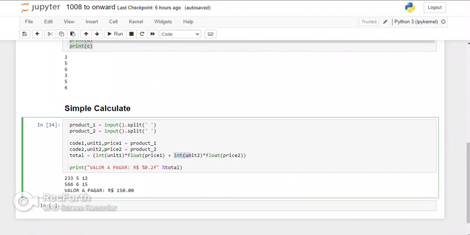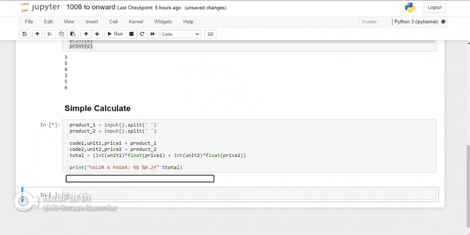Then it will be added with the integer of the second unit multiplied by the float of the second price. And then I need to print VALOR A PAGAR, and they have specified, if you look closely, that after the colon there should be a space. So I have put a space, then R and the dollar sign, then a space, and then they said it should be printed with decimal digits in floating point. So I have specified .2f and then % total.